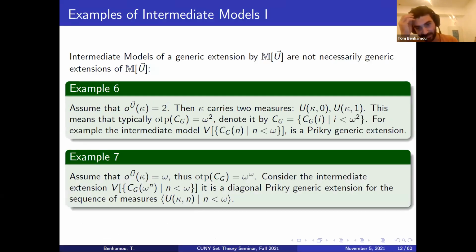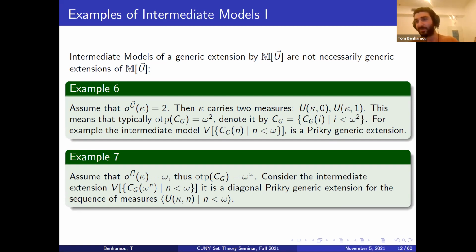Yeah. Let me go over this example again, in case you didn't see it. If the order of kappa is omega, then the order type of CG is going to be omega to the omega, and we consider the intermediate model where you simply plug into CG the point omega to the n. As I just said by the previous example, each point CG omega to the n produces something of order type omega to the n. So it must be something of order n, which is a typical point from the measure u kappa n.